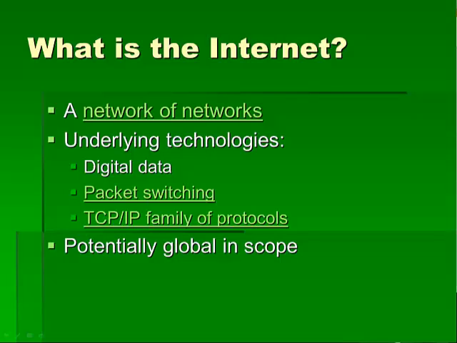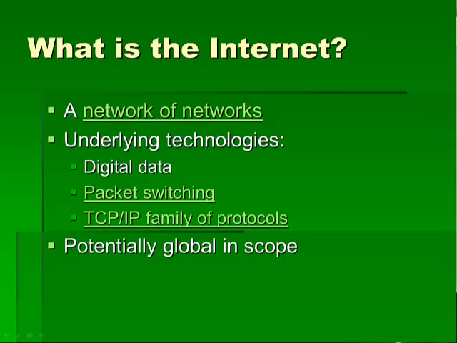So let's turn now to what the internet actually is. The simplest and most technological definition is that it's a network of networks, that it allows networks to connect to one another, and that the main underlying technologies are that you have digital data moving from one machine to another.